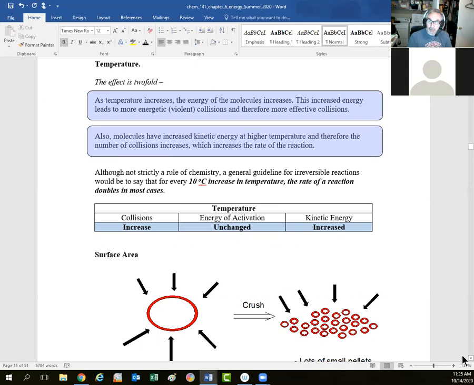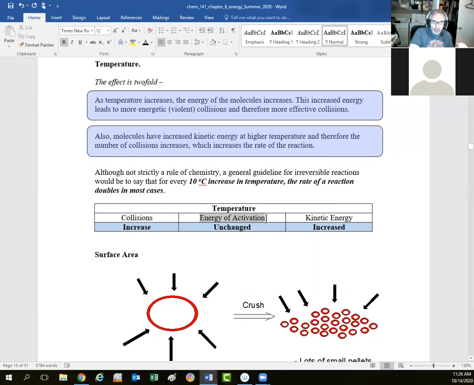But there's a second effect. Because the molecules are moving faster, they're colliding much more frequently. So we see an increase in the number of collisions with an increase in temperature. So more of the collisions have the energy and there's more collisions.